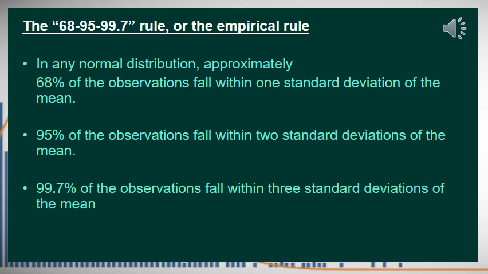Almost everyone in the population, 95%, will fall within 2 standard deviations from the mean, and almost everyone, more than 99% of the population, will be within 3 standard deviations below and 3 standard deviations above the mean. Now it sounds very abstract, said like that, but when you see the images, you will understand.